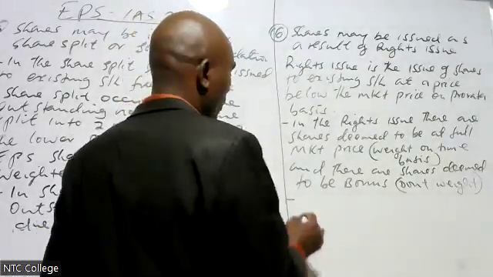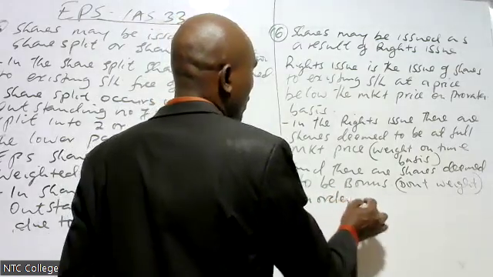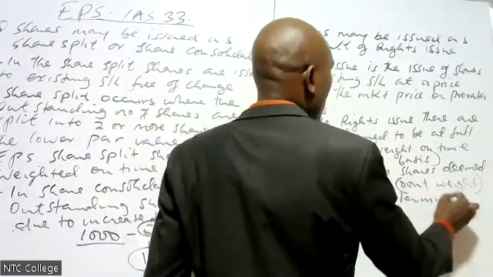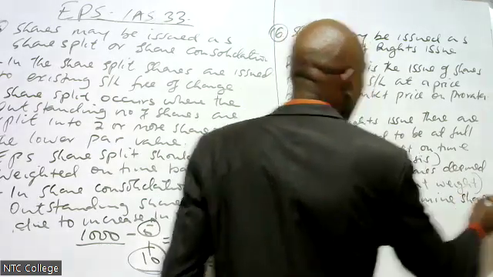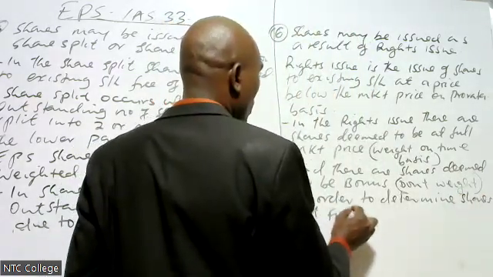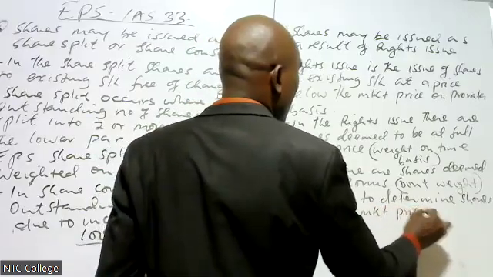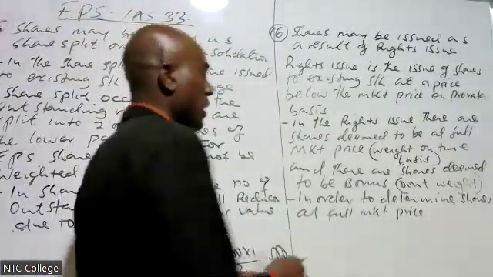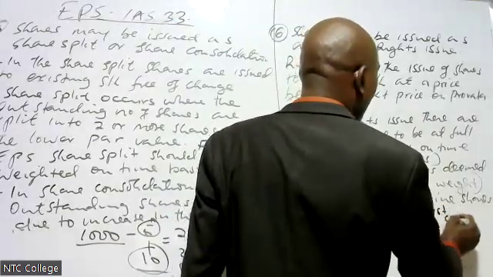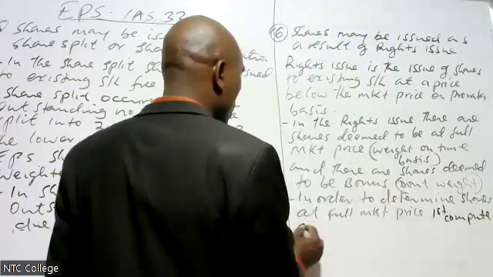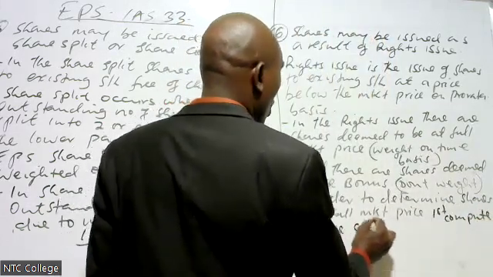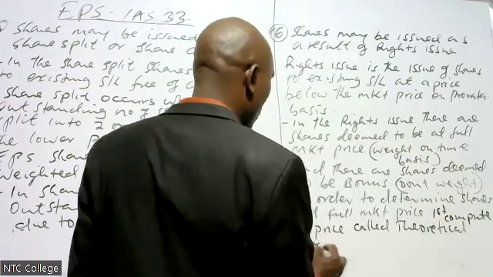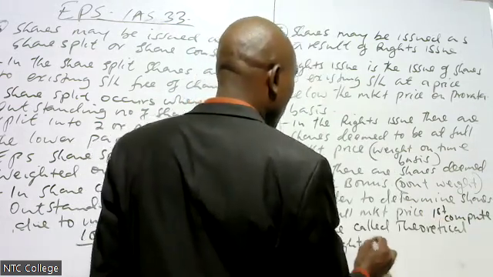Then you put a dash and say, in order to determine shares at full market price, first compute a price called theoretical X-right price.